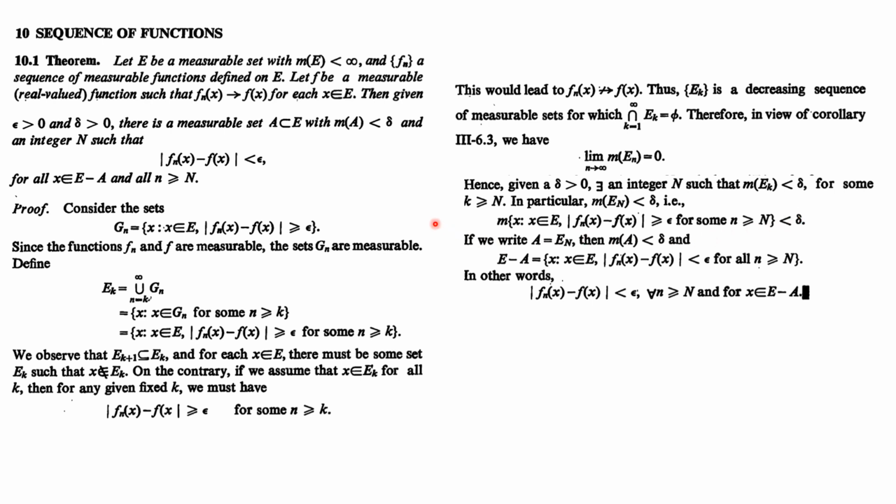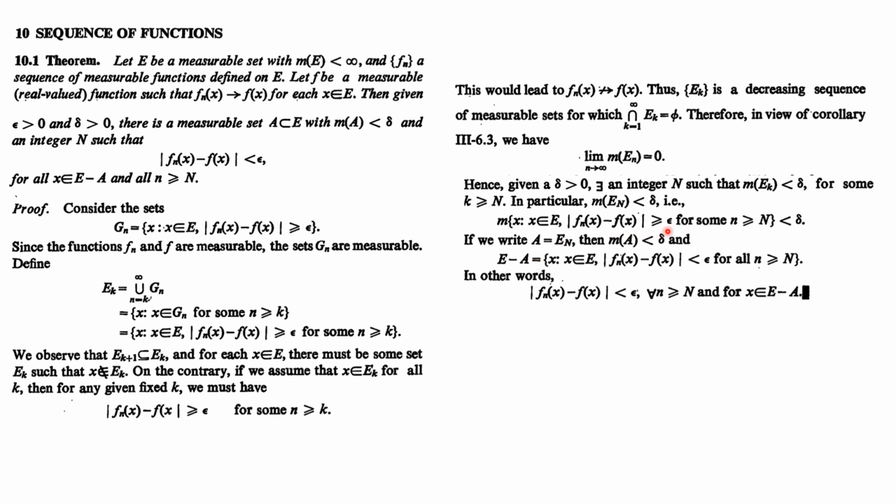Right? If the measure of this set is less than delta, it means E minus A is a set where the mod of fn(x) minus f(x) is less than epsilon, where "for some n" will be replaced with "for all n". Just take the reverse of this, the complement of this. We have to write E minus A, meaning E minus En.